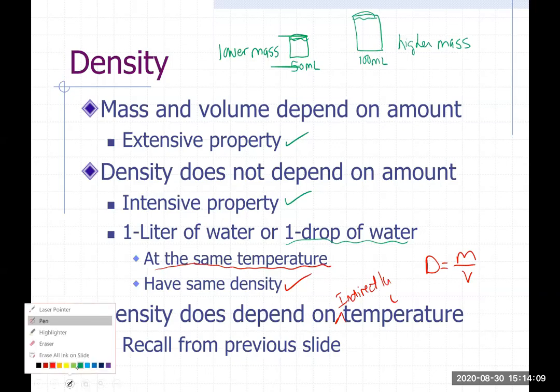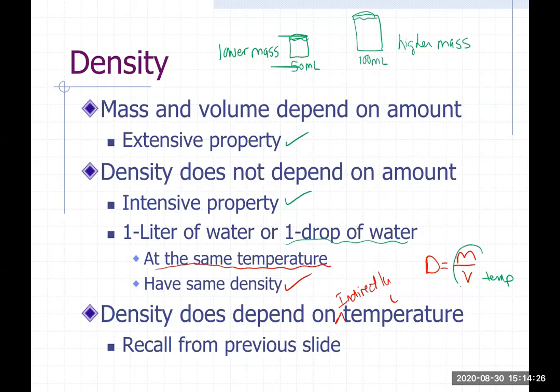And we just evaluated this on the previous slide, and we saw that volume could be impacted by temperature. And when the volume is impacted by temperature, it either increases or decreases. If the denominator of this ratio increases or decreases, then the density is going to increase or decrease also.